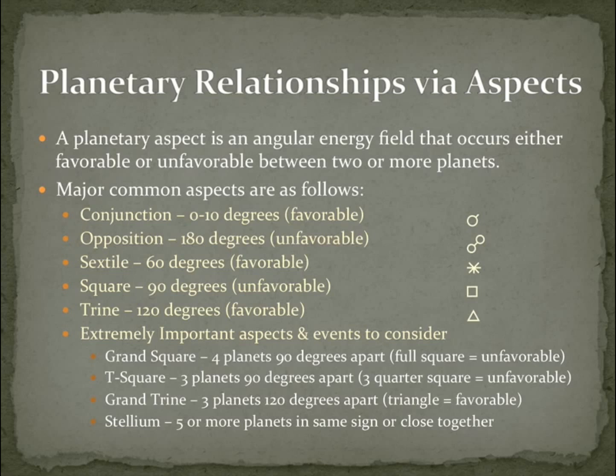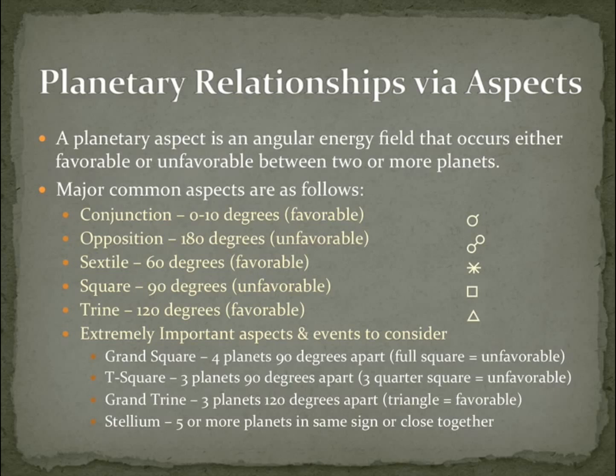For example, if Venus forms a conjunction with Saturn, then restrictions and delays in matters of love or attraction might occur. Whereas if Venus forms a conjunction with Jupiter, then an abundance of love interests might be revealed.